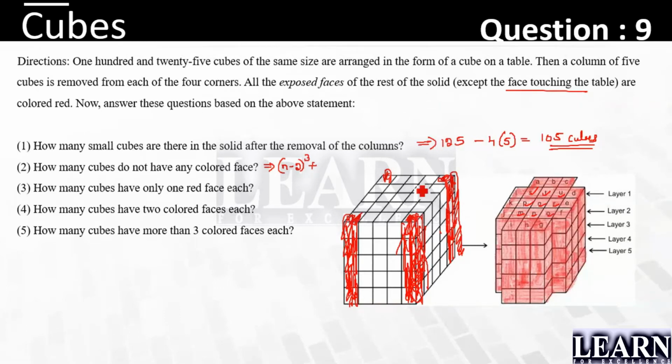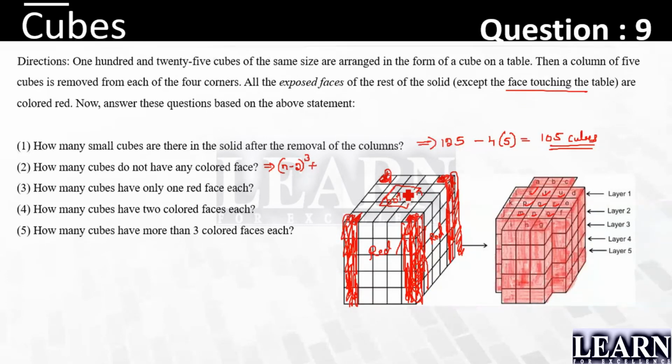So I can say this is the bottom face which is not colored. This is not at all colored. If you take this as the bottom, this is red, this is also red. This is how the bottom looks. This is also connected on the other side. But this is the one with no face colored.